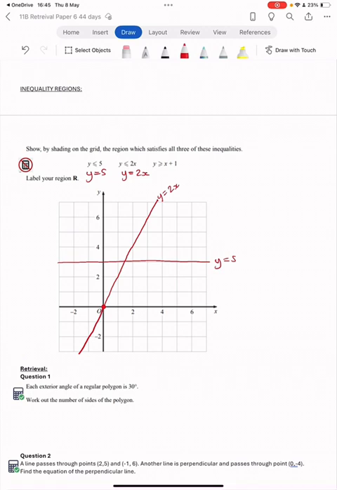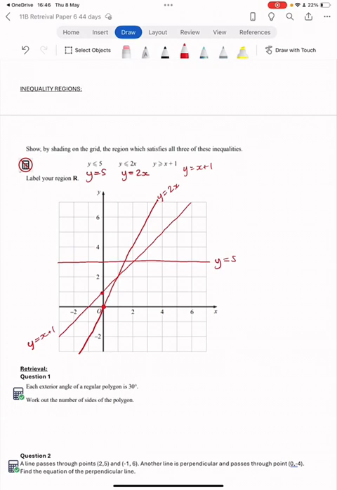And then next one, y equals x plus 1. So the y-intercept for this line is 1. And the gradient is 1. So for every 1 square I go across, I'm going 1 up. So I can draw that on here. And it's really important that you label them so you don't lose any marks.